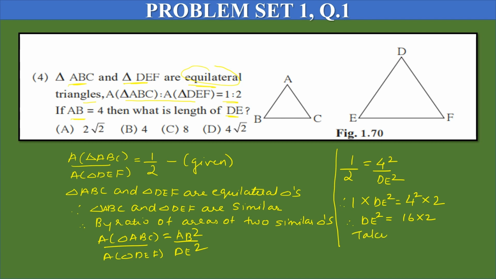Taking square root, we will get DE is equal to root of 16 into 2. That is, the root of 16 is 4 and inside it will remain as 4 root 2 units. So from the given options, we are getting option number D as the correct answer.